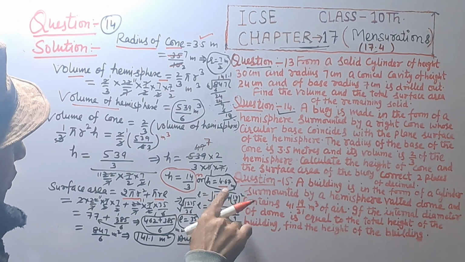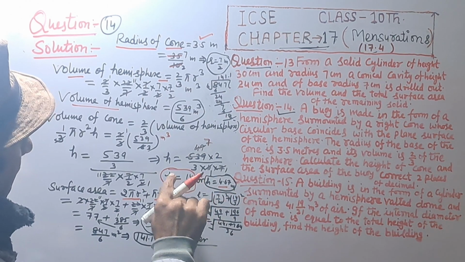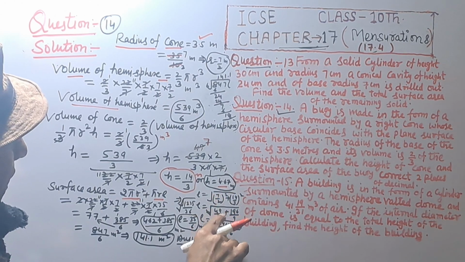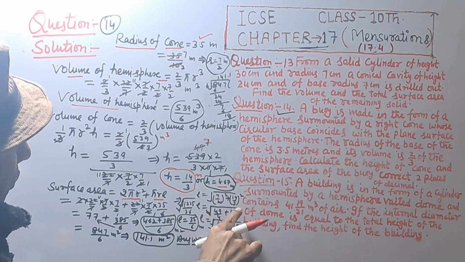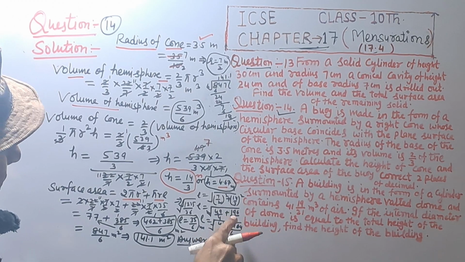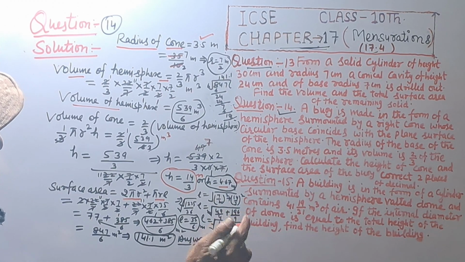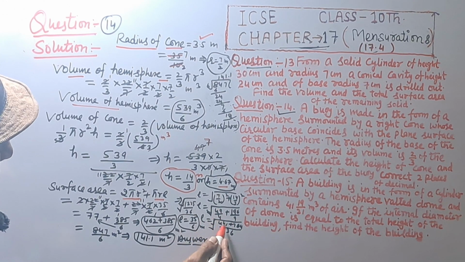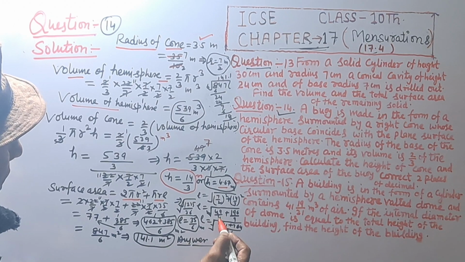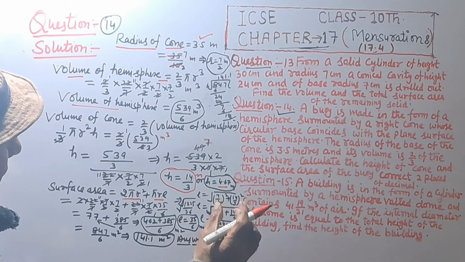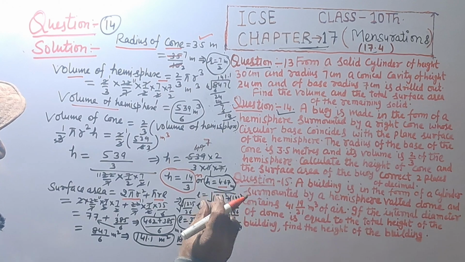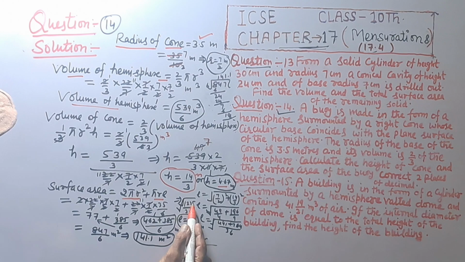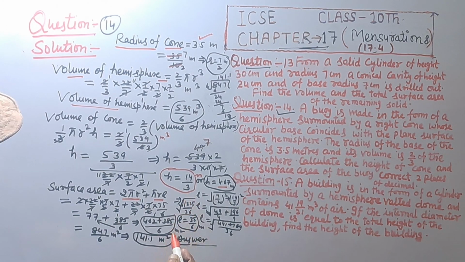Radius is 7 upon 2 square, and height is 14 upon 3 raised to power 2. 7 sevens are 49 upon 2 2s are 4 plus 14 14s are 196 divided by 3 3s are 9, and cross multiplying, 9 multiplied by 49 we get 441, and 196 multiplied by 4 we get 784, and the sum of 784 and 441 is equal to 1225 divided by 36 with root.